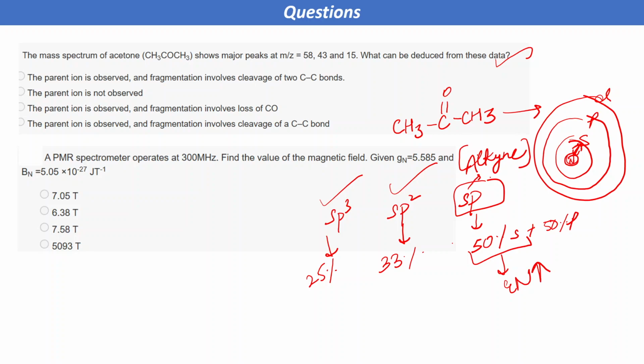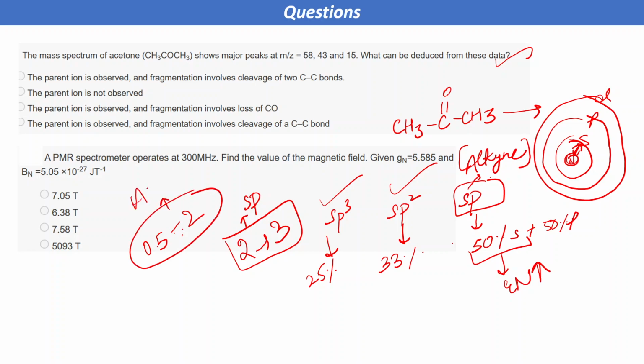If you look at the values in the NMR, 2 to 3 is the value for the sp hybridized carbon. For sp3, that is alkanes, it comes to about 0.5 to 2.